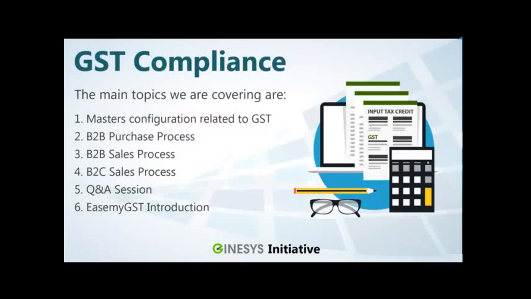The Ginesys system will work based upon the HSN coding that you have done at your end. So in case the HSN codes are not matching with the configuration you have done at your end and what is provided by the vendor, you have to discuss the same with your vendor and get it corrected as per the law.